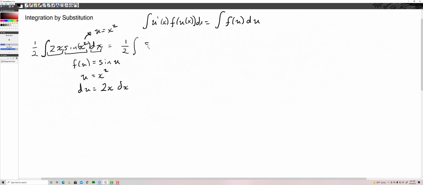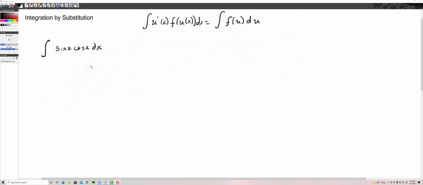This is sine of u du. And I know the integral of sine is minus cosine, so this is 1/2 times minus cosine u plus c. I put this x squared back into where the u is to make sure that I wind up with the same indeterminate that I had initially, and here is my integral.